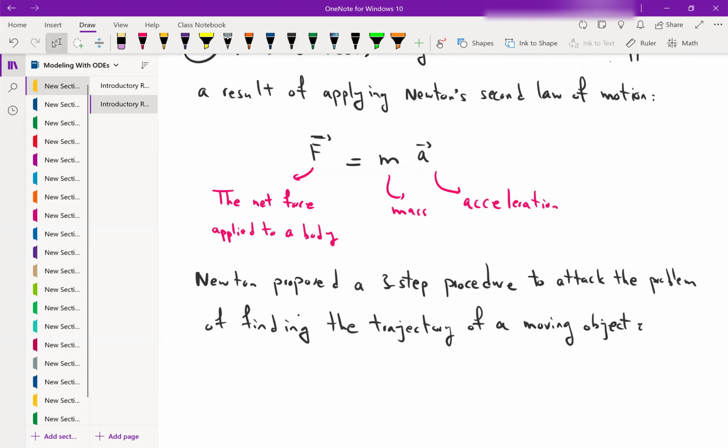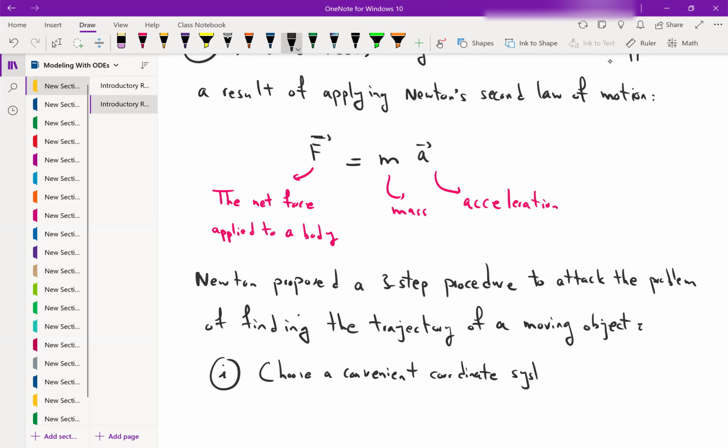The first thing that you need to do if you want to apply Newton's second law in order to determine the trajectory of an object, which is, I think, the main problem in classical mechanics, is to choose a convenient coordinate system with which you can label the points.